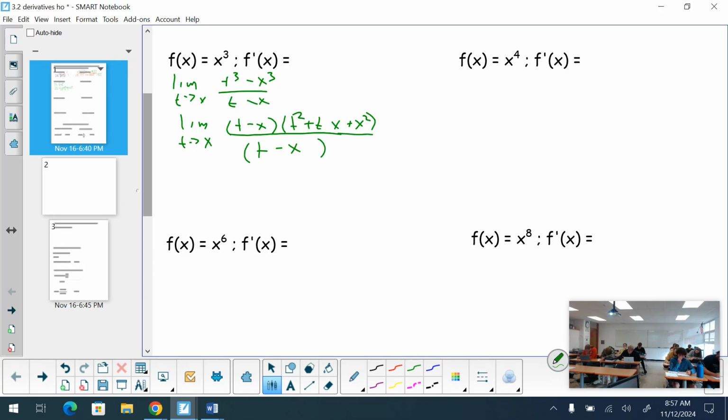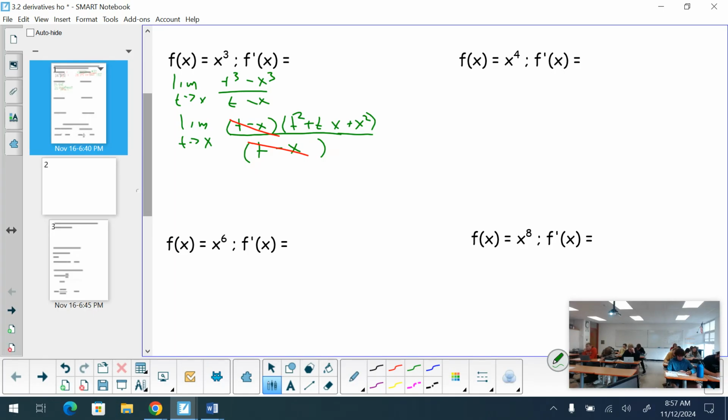If we multiply this out, we get our t cubed. We get a negative tx squared. This gives me a positive tx squared. They cancel out. And then we have a positive x cubed, a negative x cubed. Either way, the t minus x's, they move to Texas. And then we can substitute in the value of x for every one of our t's.